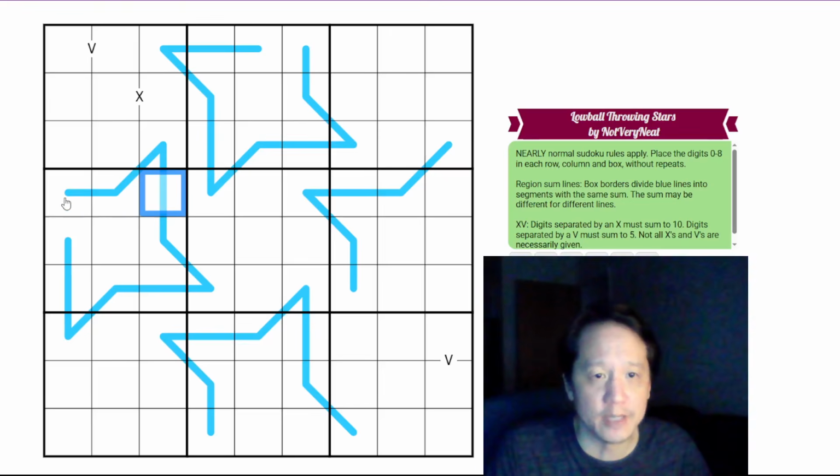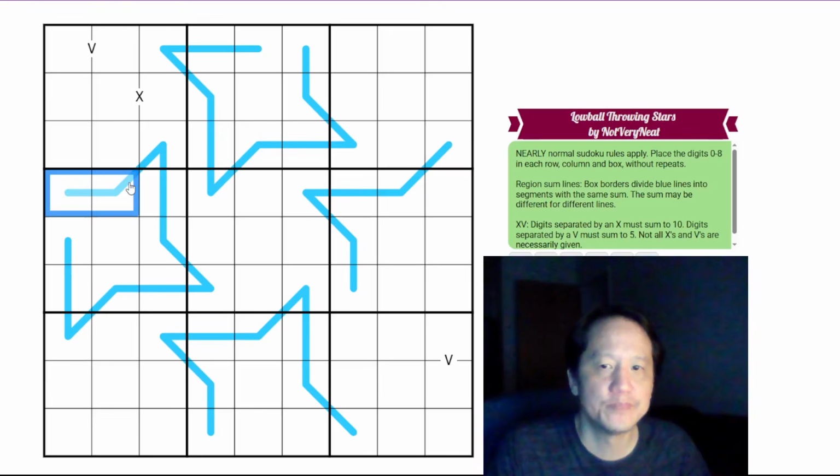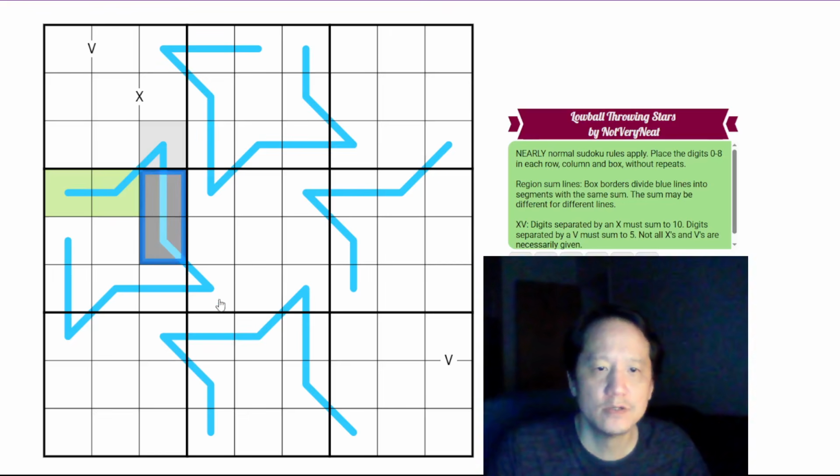So, for example, we have this long line here. These two digits are a segment because the box borders divide a line there. So what are the segments for this star? This is a segment, this is a segment, this is a segment here, this is a segment here. We have a segment here, a segment here, and a segment here.